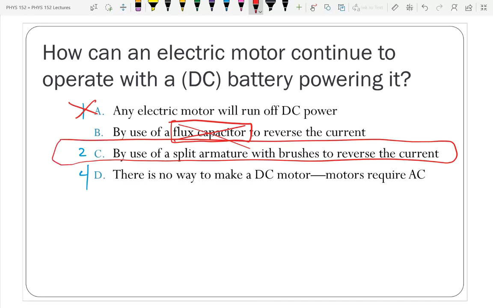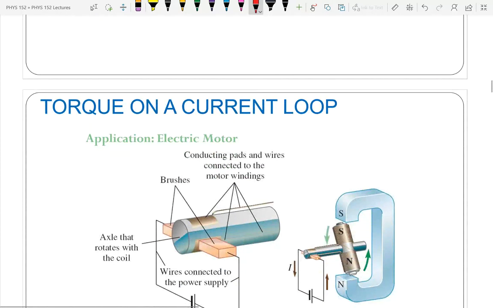Of course, you have to know what a split armature is for that to make any sense. And then the last one, there is no way to make a DC motor. Well, I told you, you're just using what you think. It's not something we taught about. So answering number 4, that's acceptable because that's what you think. Answering number A is not acceptable because I told you that couldn't be it.